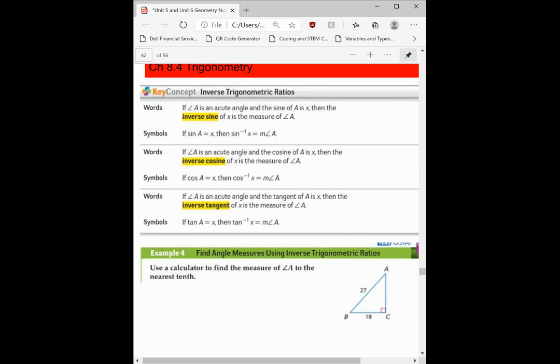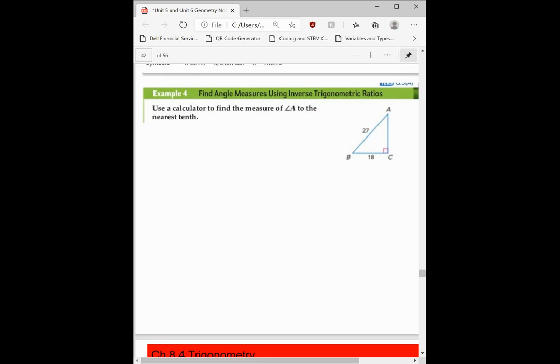Let's look at the next part. So just like we have sine, cosine, and tangent, we have the inverse of each, okay? So you can look back at this to see some examples. So inverse. This part you're going to have to use a calculator. So the measures given are those of the leg opposite angle A and the hypotenuse. So we need to write an equation using the sine because sine is opposite and hypotenuse.